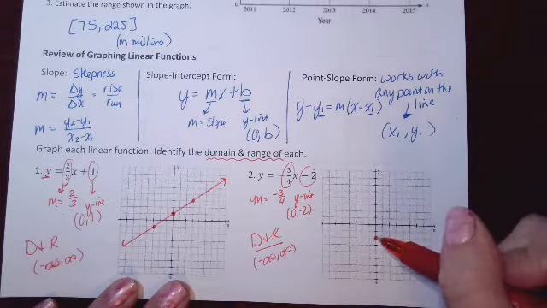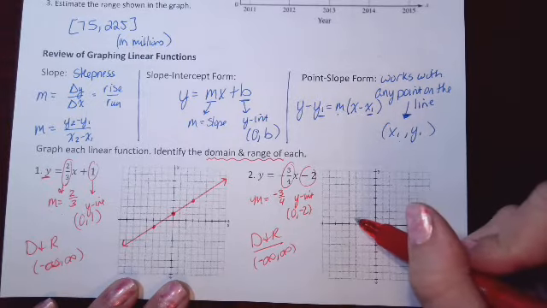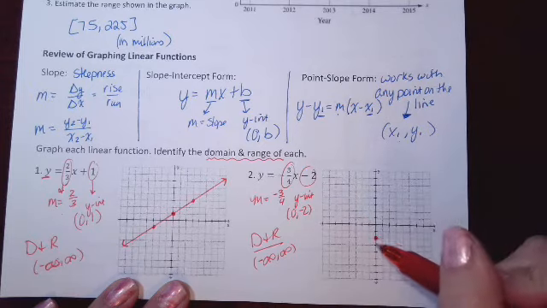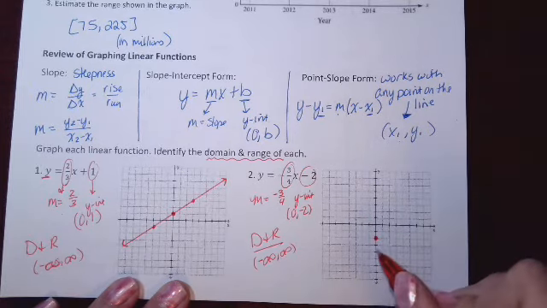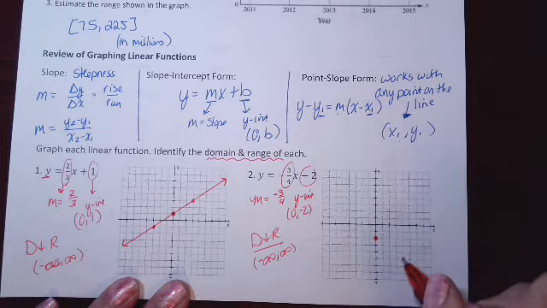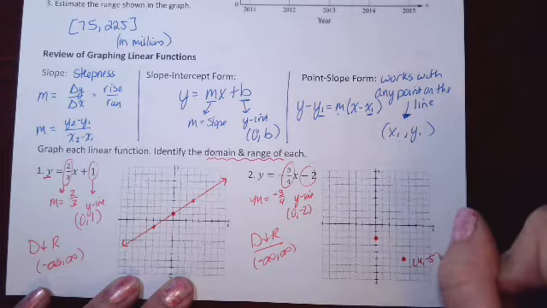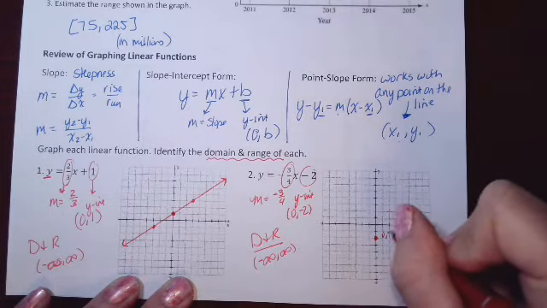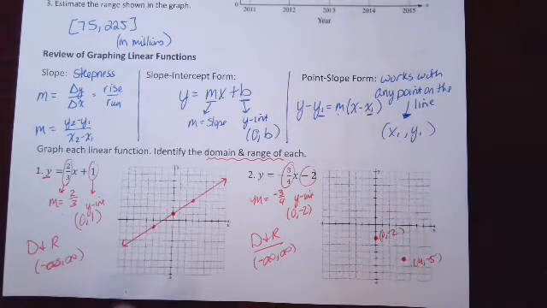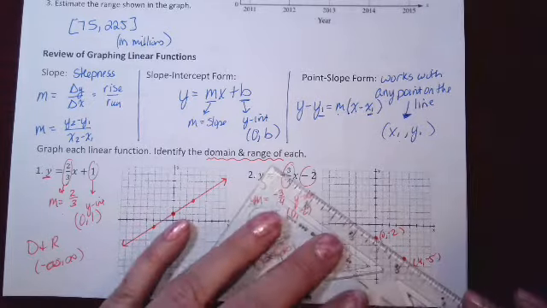I can either go up 3 and to the left 4, or I can go down 3 and to the right 4. So I would get a point here. This point would be at 4, -5. This point was at 0, -2. And I only need 2 points to make a line.